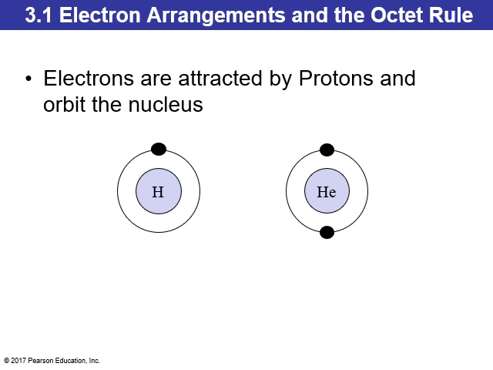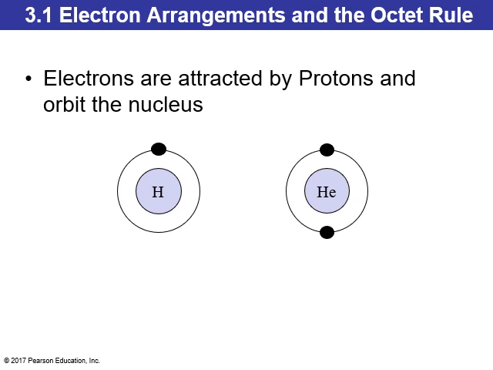We already discussed in Chapter 2 that electrons are attracted by protons. The electrons are negatively charged, the protons are positively charged. What we didn't discuss was that electrons are tiny things that move very fast, and they kind of orbit the nucleus like the Earth orbits the sun in a way, just on a much smaller scale. So these electrons are zipping around, and for example here we have hydrogen and helium.